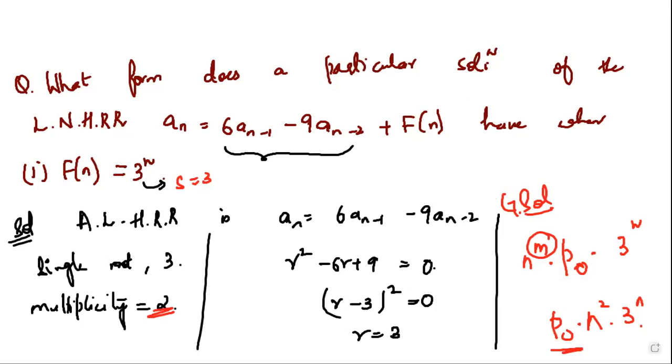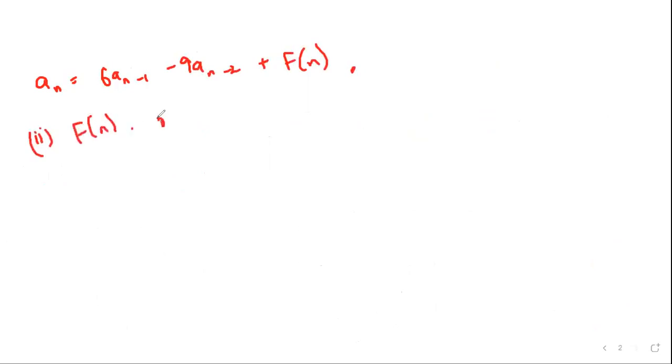Okay, now we will see another example. Suppose for the same a_n = 6a_{n-1} - 9a_{n-2} + f(n), in this case f(n) is given as n times 3^n. Now you can see the term 3^n is being multiplied with the polynomial n.